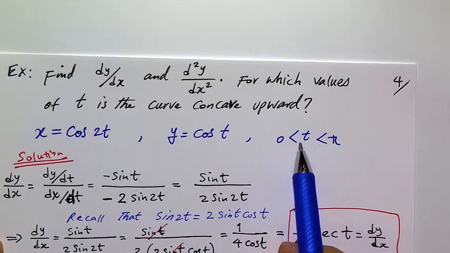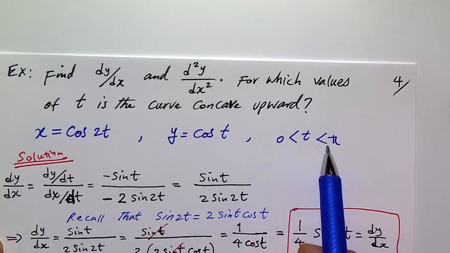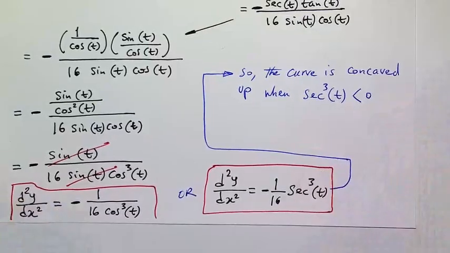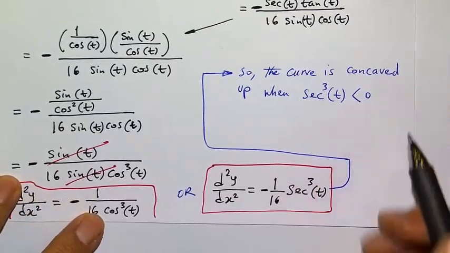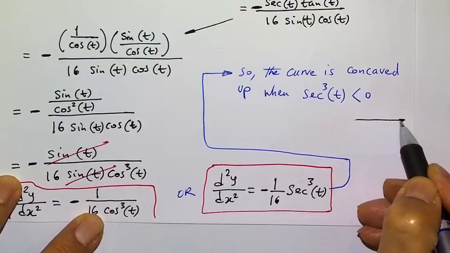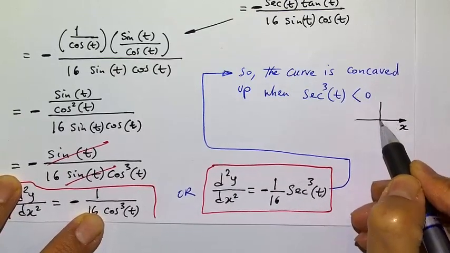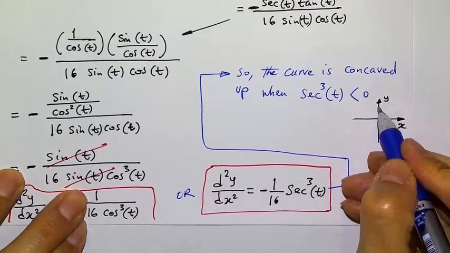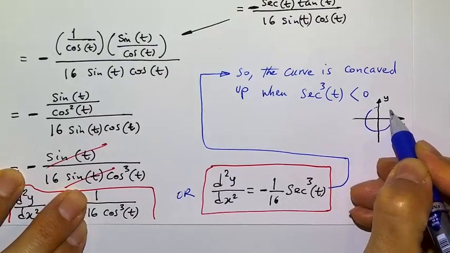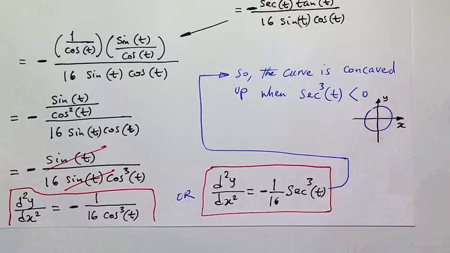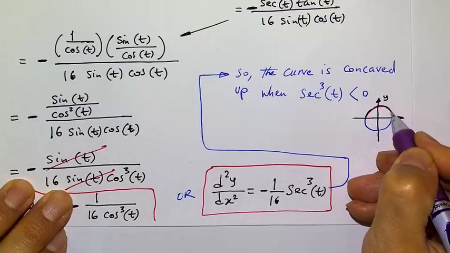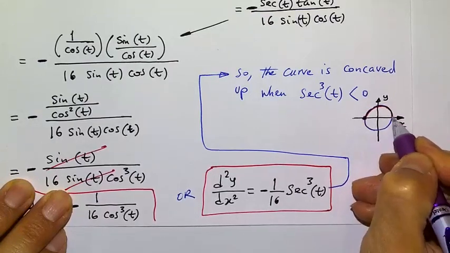So t can only vary between 0 and pi. So within this range, where would cosine be negative? Well, I'm just going to draw a tiny little circle here, referring back to trigonometry. If we have a unit circle here, and t is ranging from 0 to pi. This is the range where t is allowed to vary for this problem.